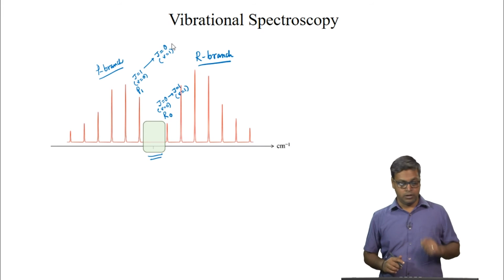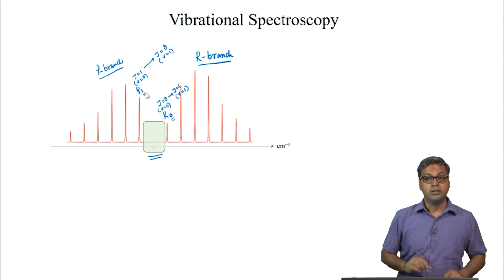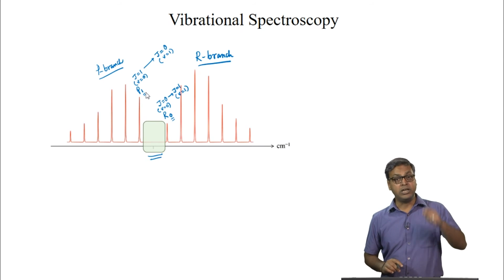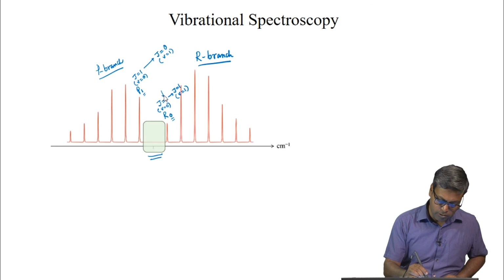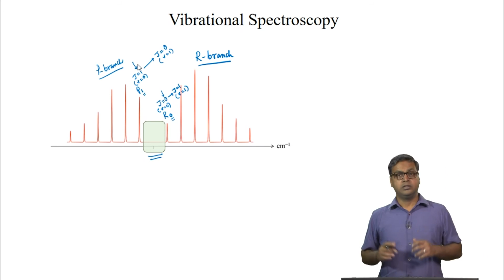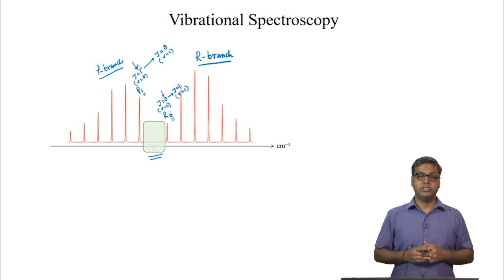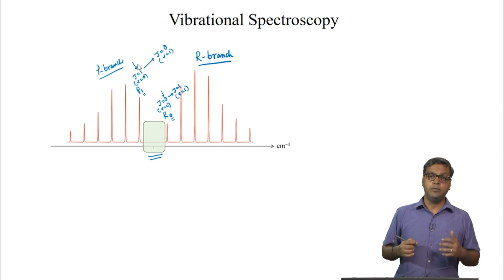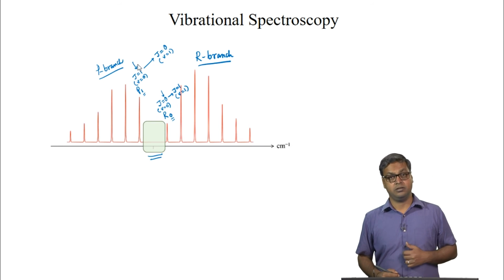So, the number in R 0 or P 1 refers to the initial level, because in this case the initial level is 0 and in the other case the initial level is 1. This is just a convention. The numbers that we generally use when we label a spectral line refer to the initial state.